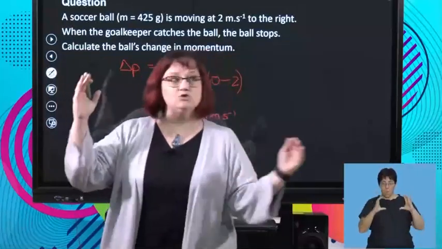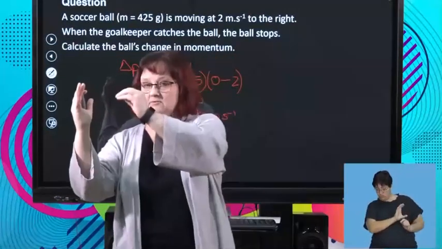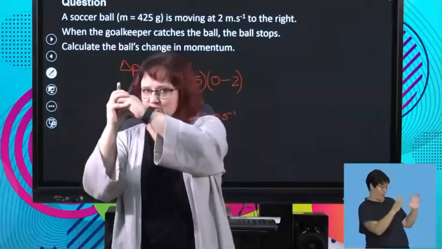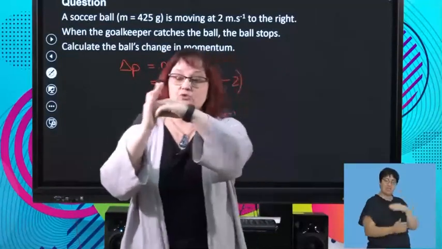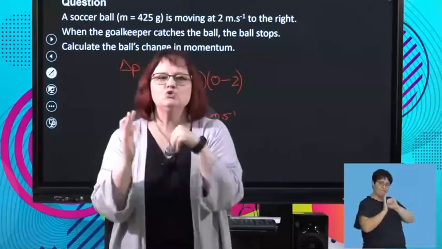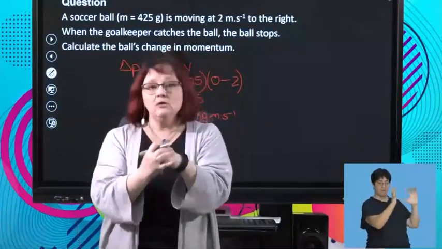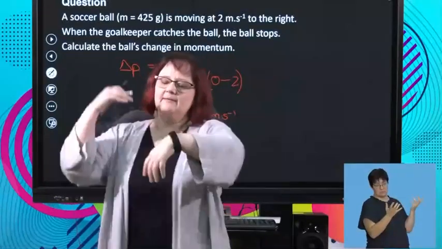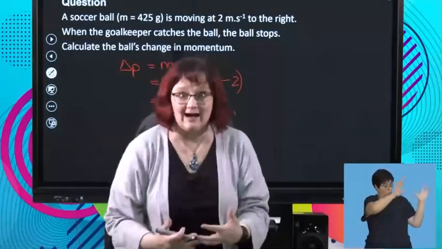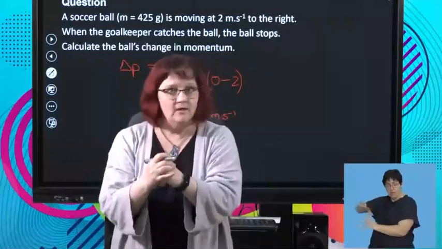The ball is going to the right. The goalkeeper catches the ball. So the goalkeeper must be exerting a force to the left to get it to stop. If the goalkeeper is pushing the ball to the right, I was going to get there eventually, the ball's not going to stop.